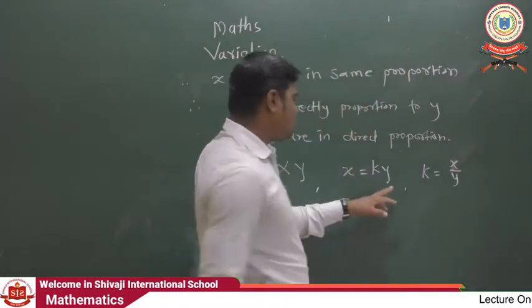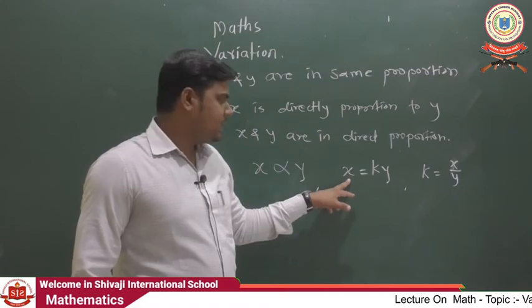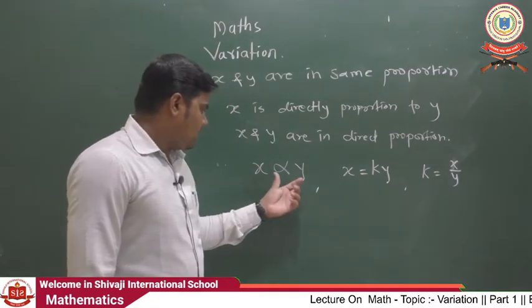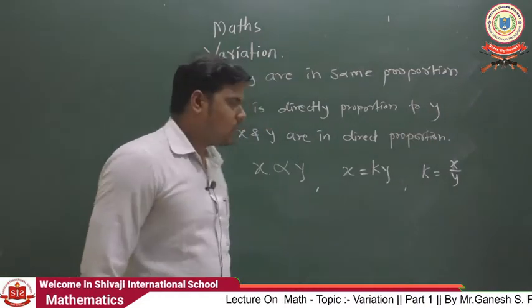Means you just transpose this y to that side and it becomes divide. Okay, now x is directly proportional to y, x is equal to ky, k is equal to x upon y.